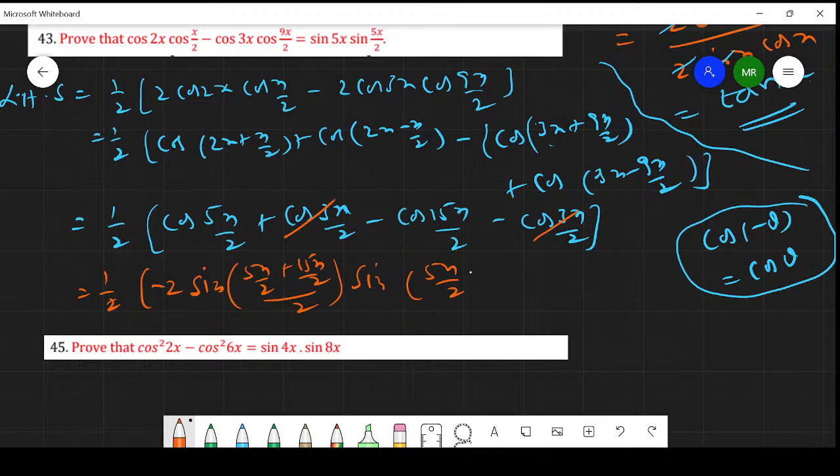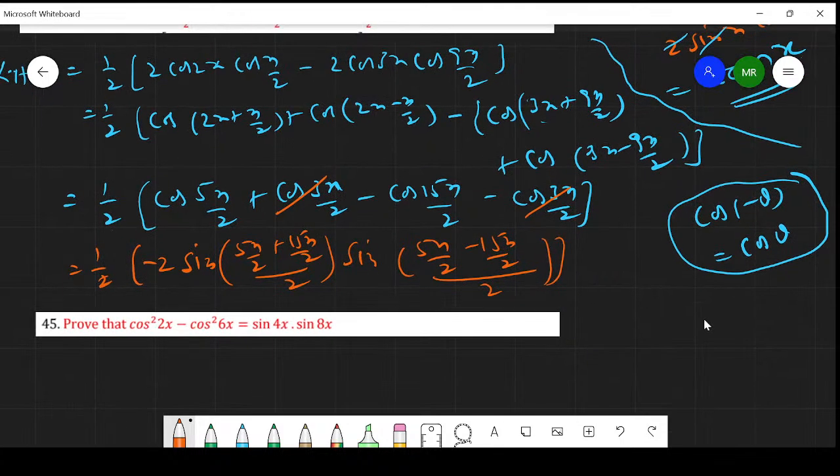So 5x/2 plus 15x/2 whole by 2, and 5x/2 minus 15x/2 by 2. We should simplify this. Multiply this, and the 2 and minus 2 I can eliminate.